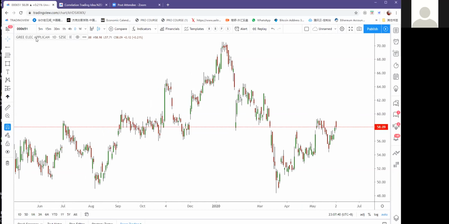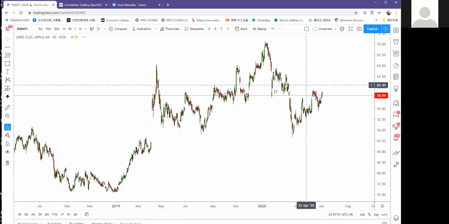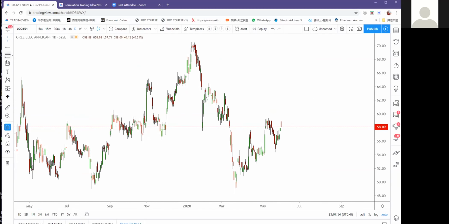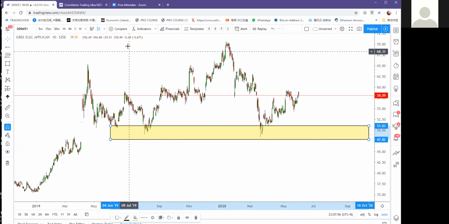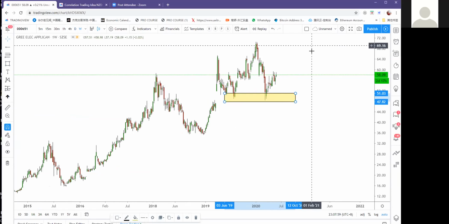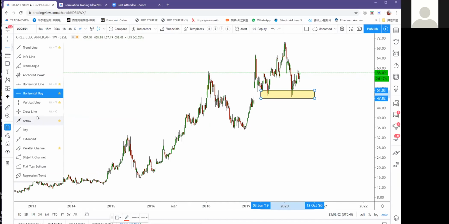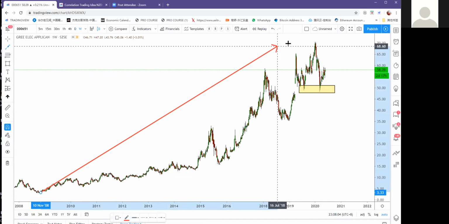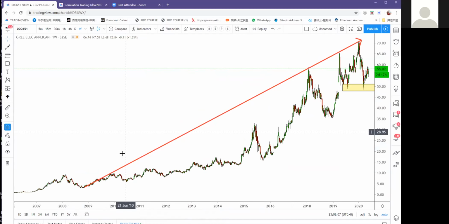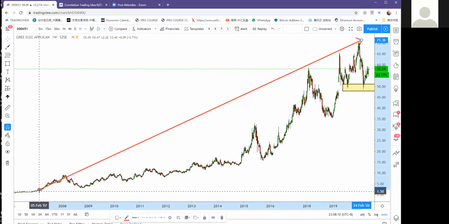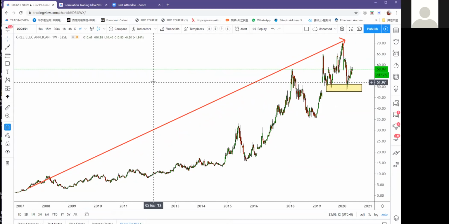It makes all the China-made air conditioners and other equipment. I think it's good to buy at this level to invest in, because it has already found support from the 50 level, and I believe it will have more upside room, just like what it did in the past 10 years. It keeps rising from $3 to 70. So you can consider this as China's Apple, maybe. It's not a technology company, but it does really well on the manufacturing side.